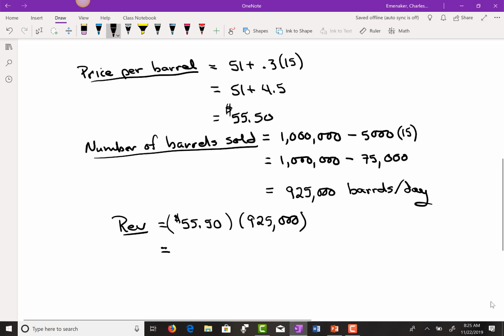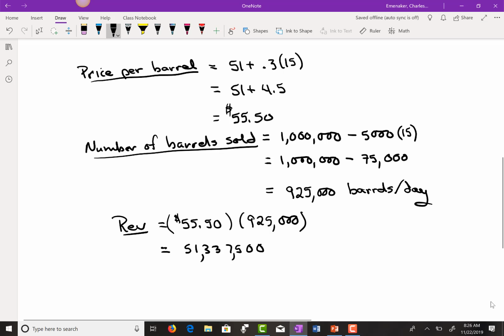Okay, so let's see here. 55.5 times 925,000 equals. So we're going to wind up with 51,33,750. What is this number?